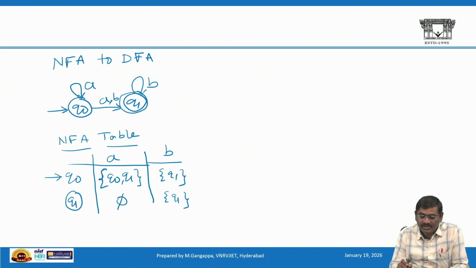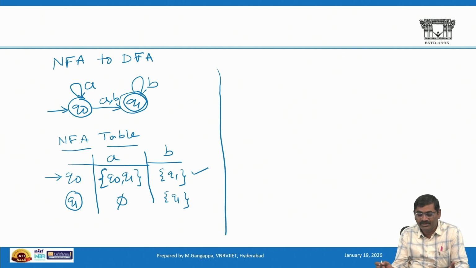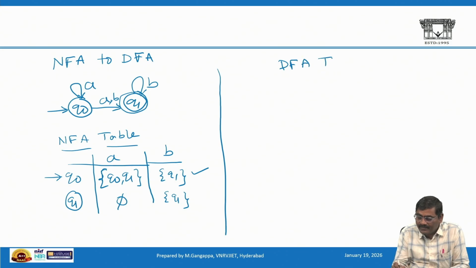Now let us convert this NFA into the equivalent DFA. To convert an NFA into an equivalent DFA, what should we do? In the first step, we should take the first row of the NFA table as it is in the DFA. Here I am writing the DFA table, with columns a and b.